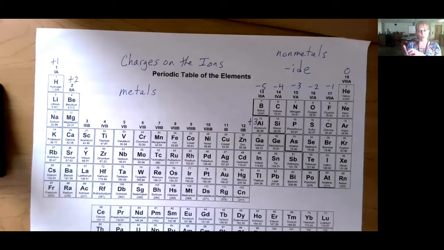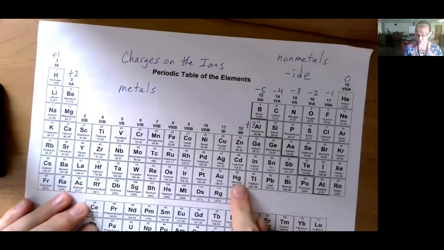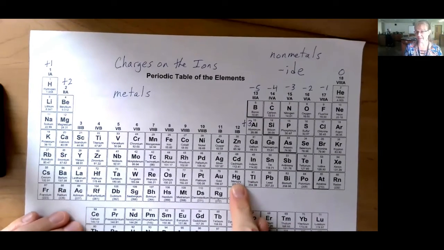And the mercury absorbed through their skin and poisoned them. Also, the mercury vapors would evaporate, they would breathe it, and that's another way they got poisoned by the mercury. And mercury poisoning causes you to go insane. So, hat makers went crazy, so you were mad as a hatter.